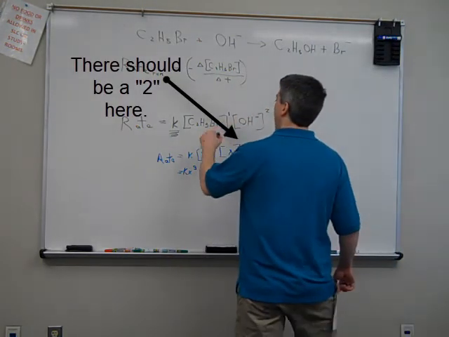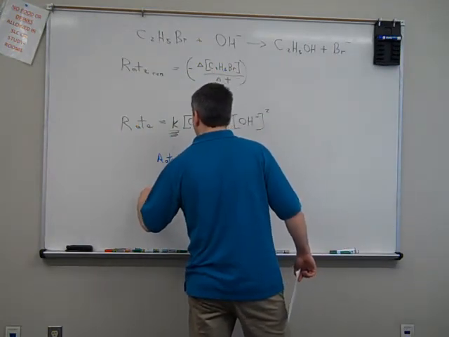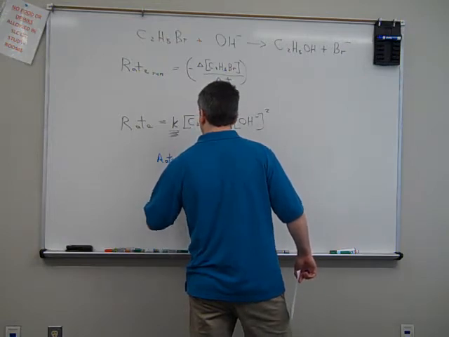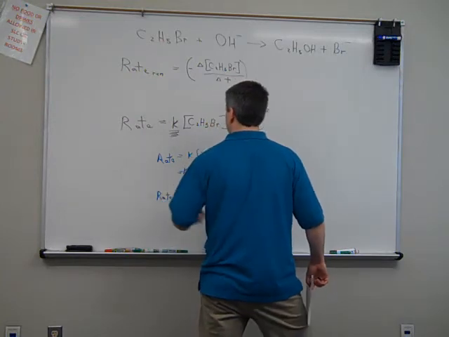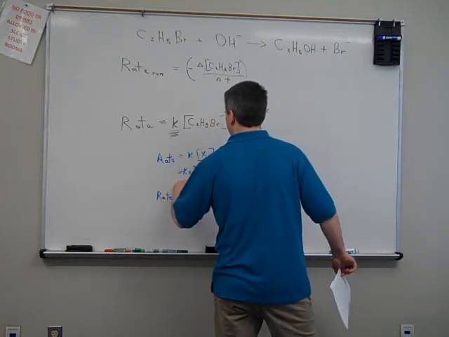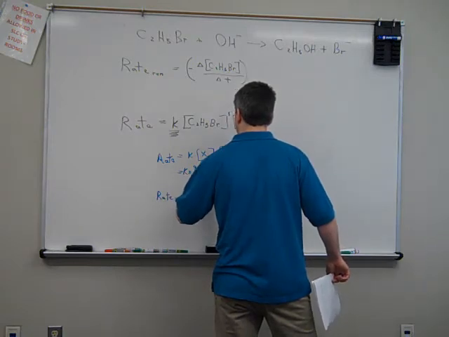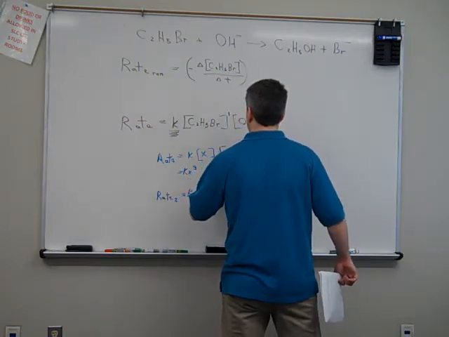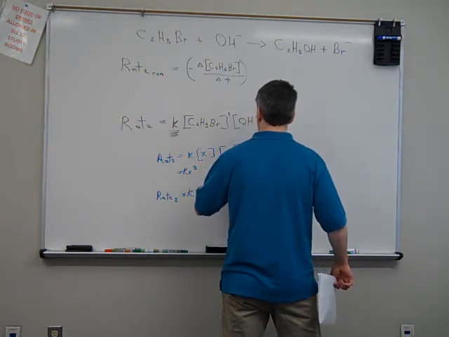But if I have both concentrations halved, the new rate, I'll call it rate 2, is equal to k times 1/2 x times 1/2 x squared.